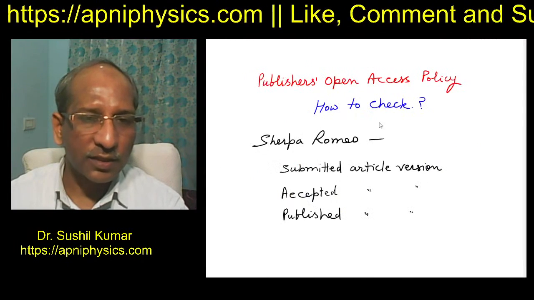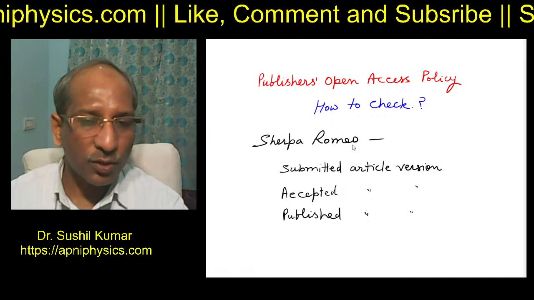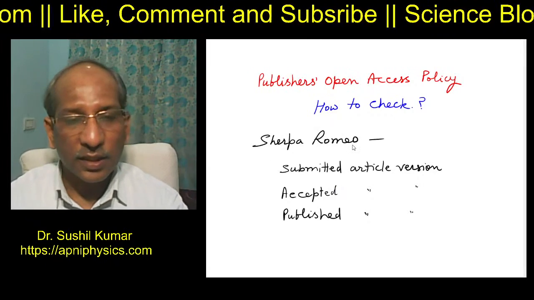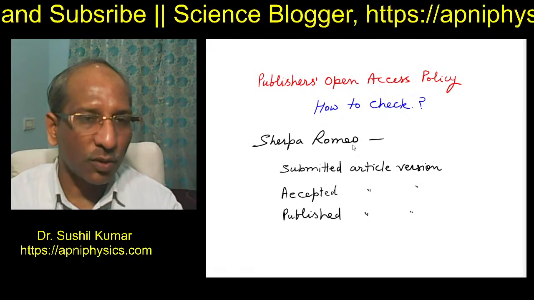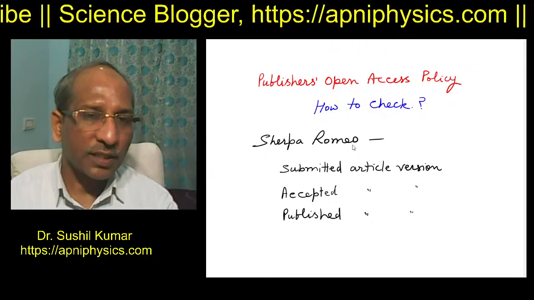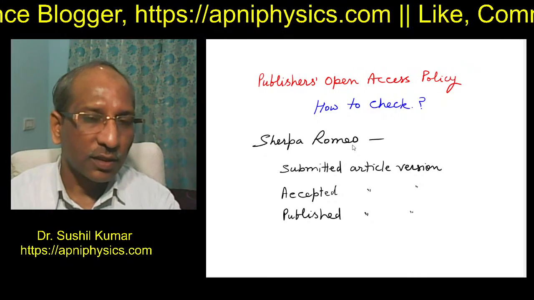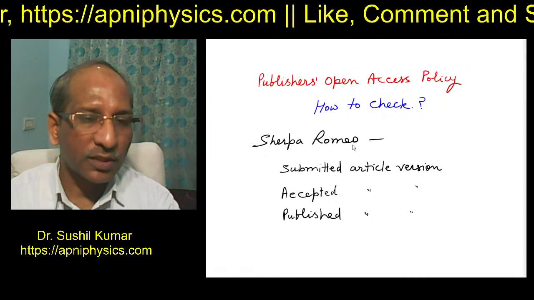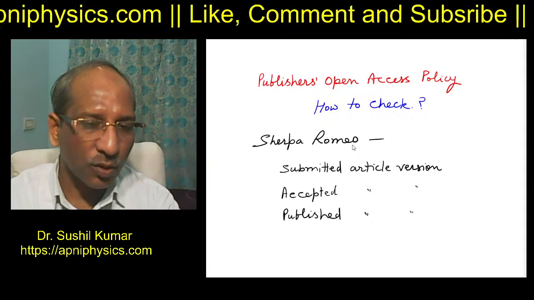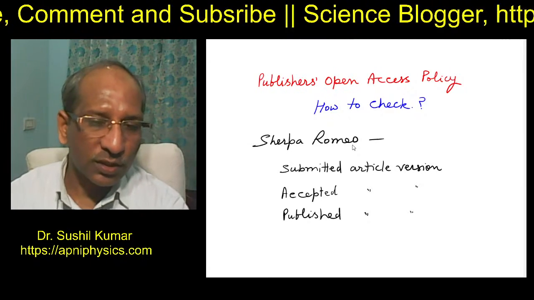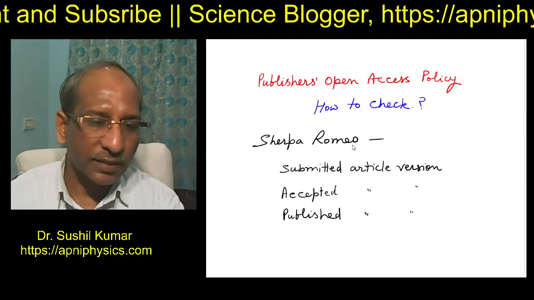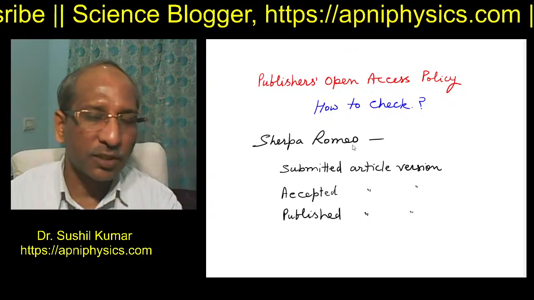Yesterday I discussed Sherpa Romeo, right? Sherpa Romeo provides the information of the publisher, whether the journal in which you are going to publish the article is an open access journal or not, and what the requirement is for the submitted article, accepted article or published article.